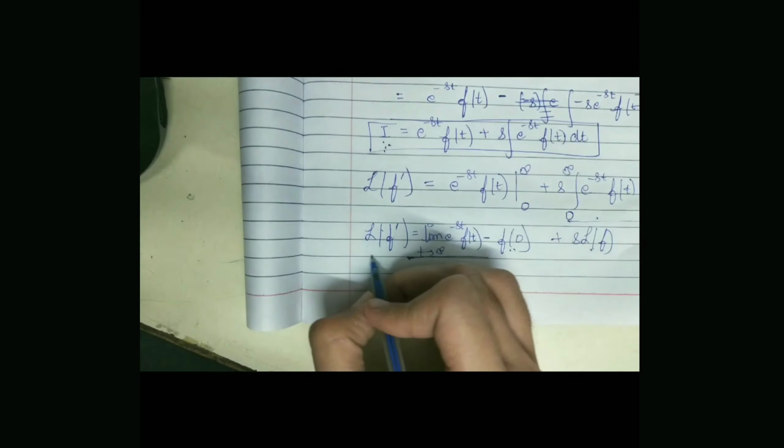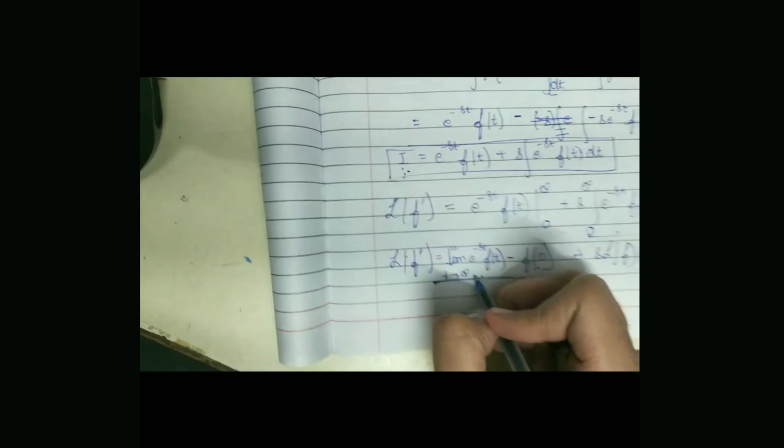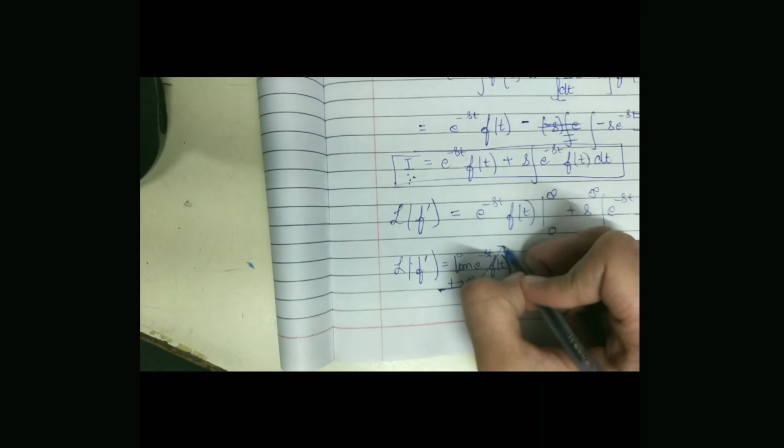So I'm going back to the equation that I had left, the Laplacian of f derivative. This term now becomes 0, so I substitute it in this equation.